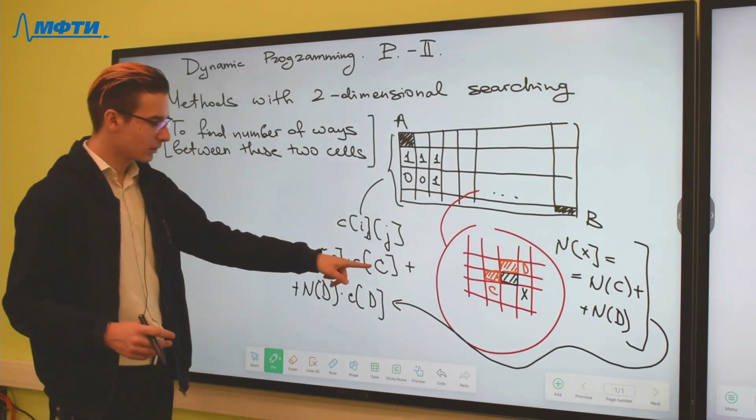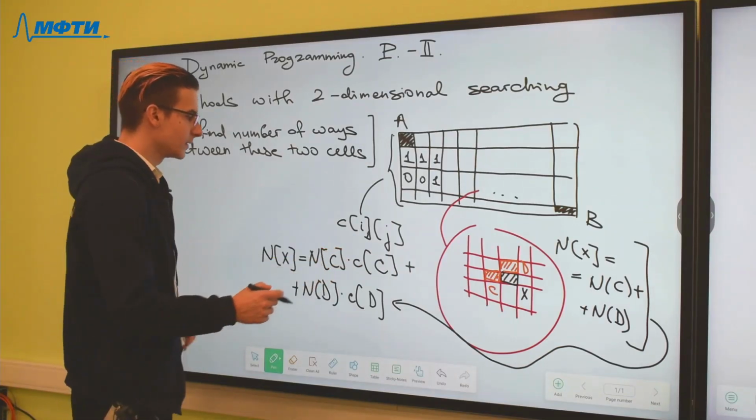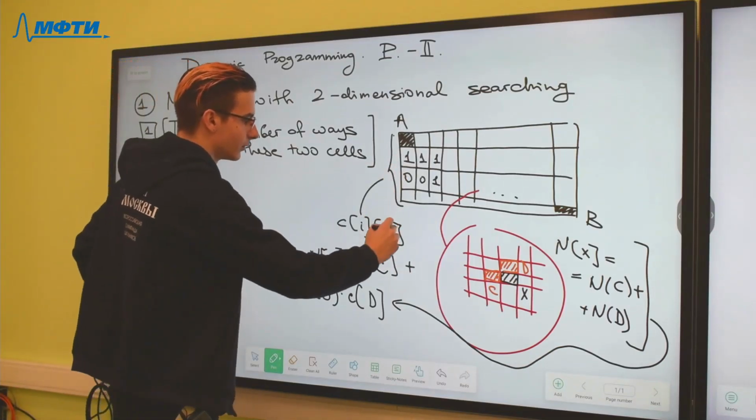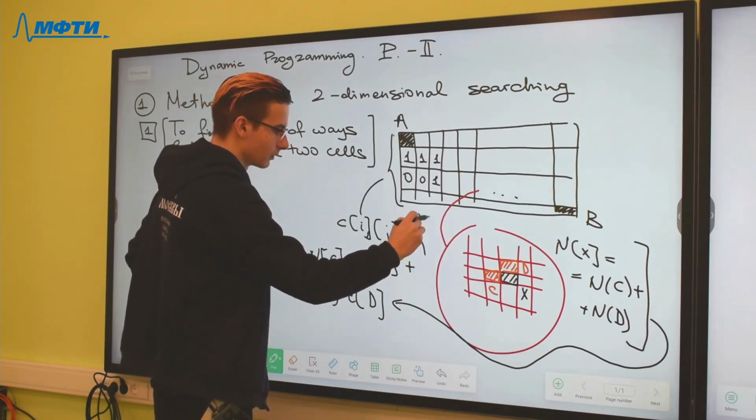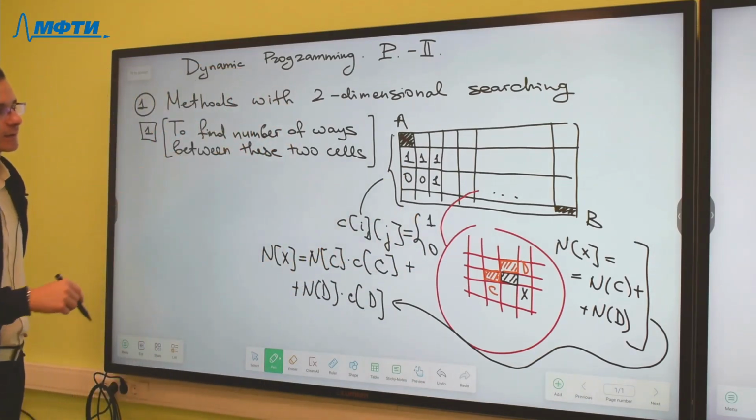I think it's number 1 or 0, as in this matrix.